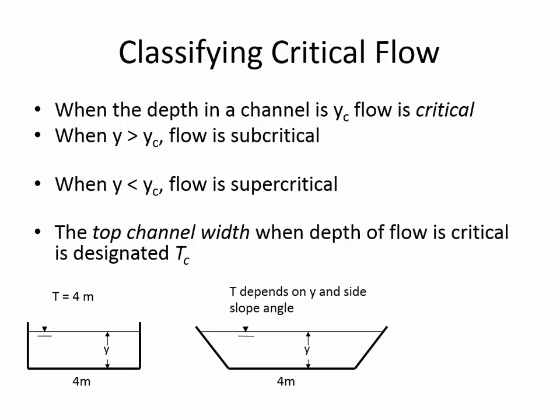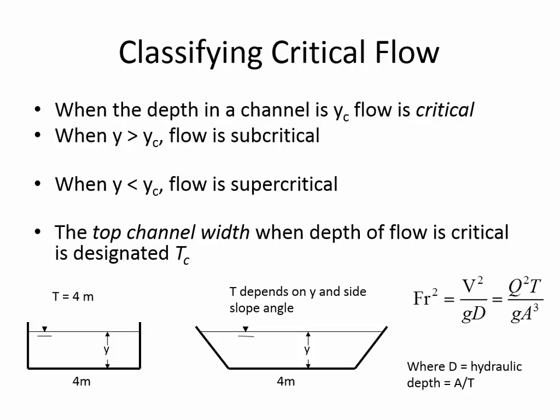But in a trapezoidal channel, as the water gets deeper and deeper, the channel is getting wider and wider at the top. And so we have a special name for the top width that's corresponding to critical conditions, and we just give it T sub C. That means the top width when the conditions are critical. So when you have Y sub C as your depth, then the top width is T sub C.